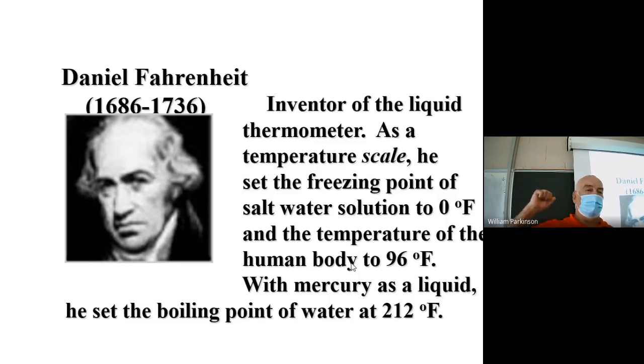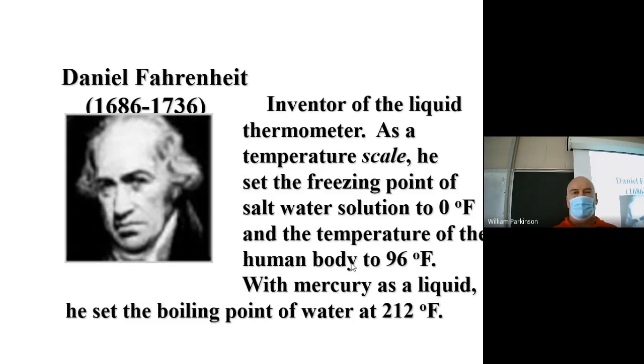Then he put it in his armpit or some body cavity, let it expand as it warmed, and he actually called that 96. Now, we've changed that to more like 98 these days, but originally, when he made his thermometer, he called that 96. And so on his scale, pure water would be in equilibrium with ice at 32 degrees Fahrenheit, excuse me.